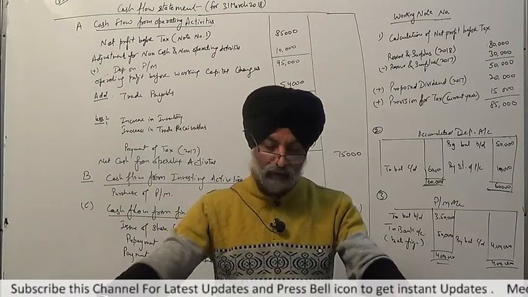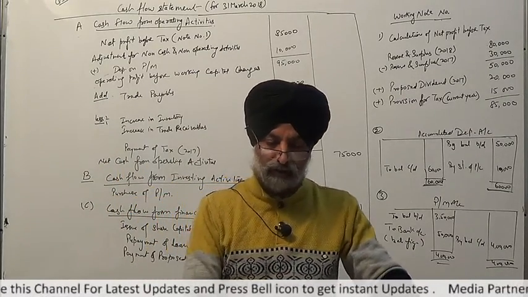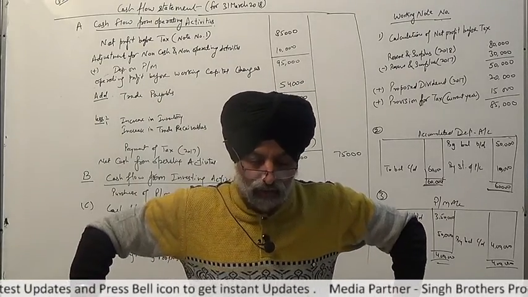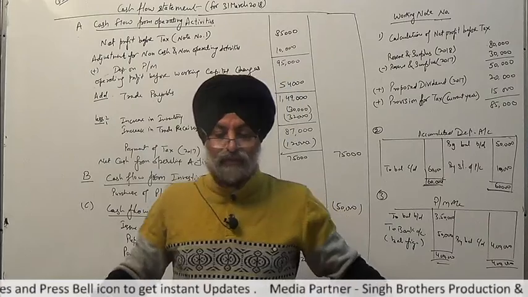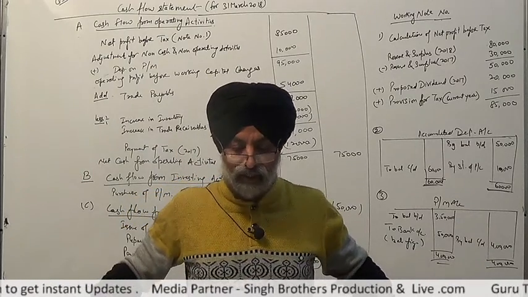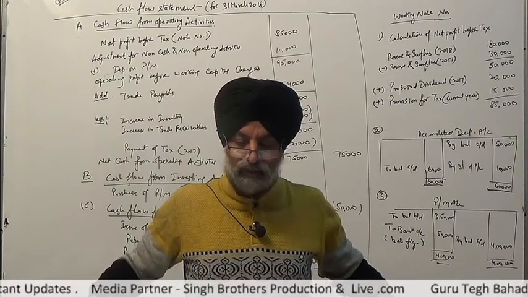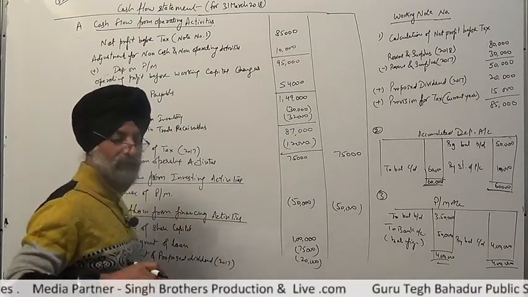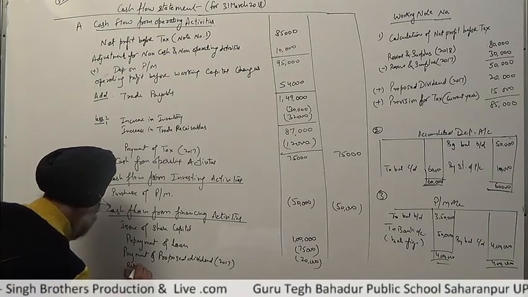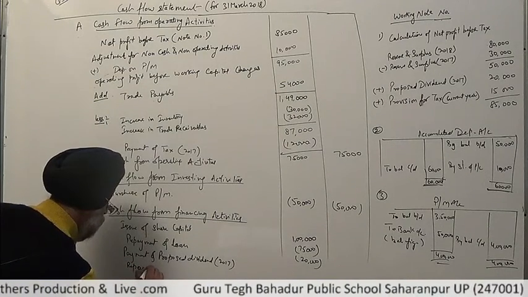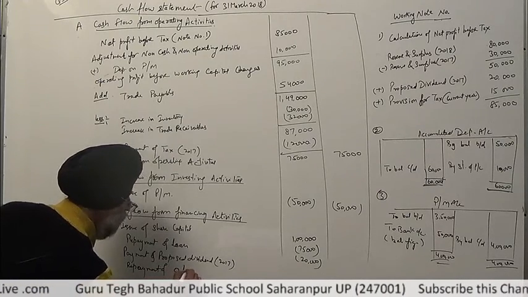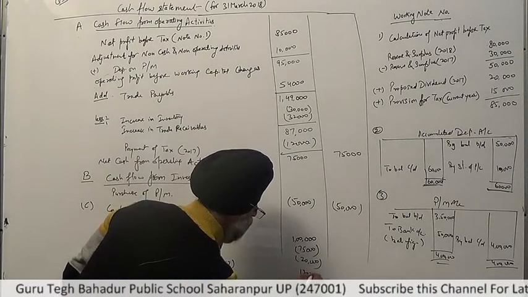And also there is a repayment of short term borrowings. In short term borrowings, these are note number 2, it is given bank OD in 2017 37,000, 2018 25,000, means we paid 12,000 rupees of OD. So again it is an outflow of cash. Repayment of OD, this is 12,000 rupees.